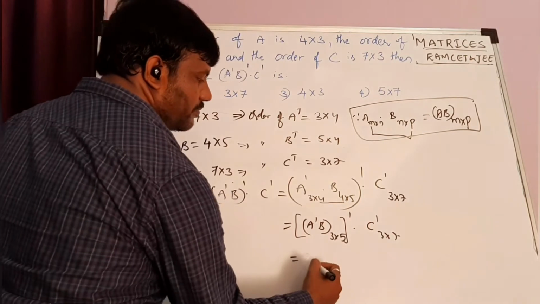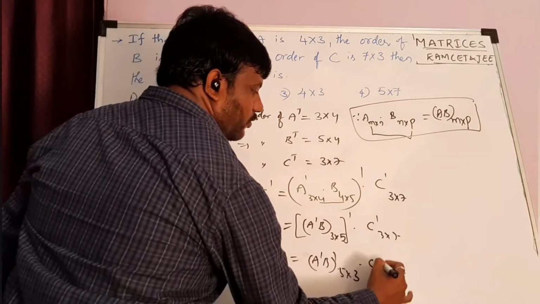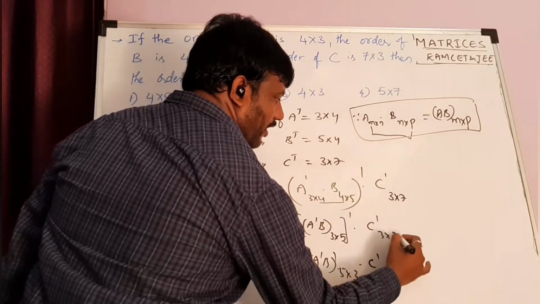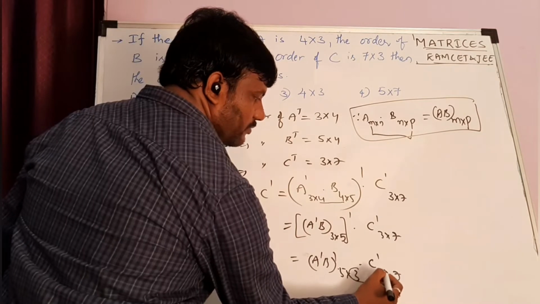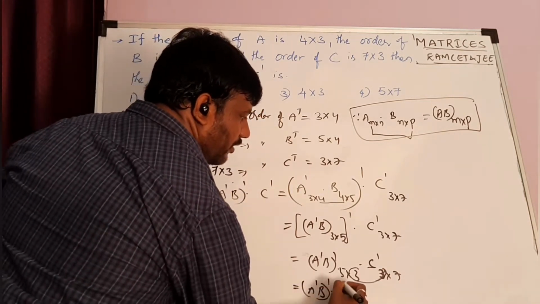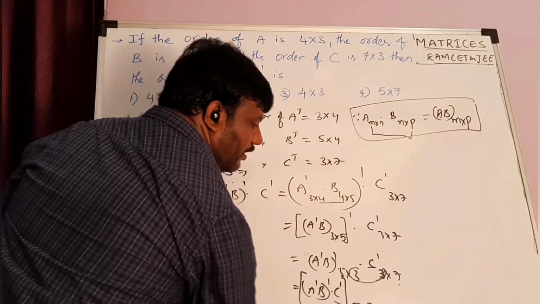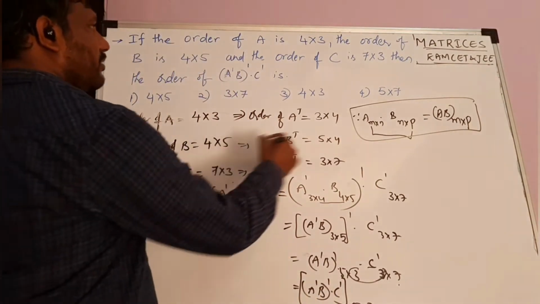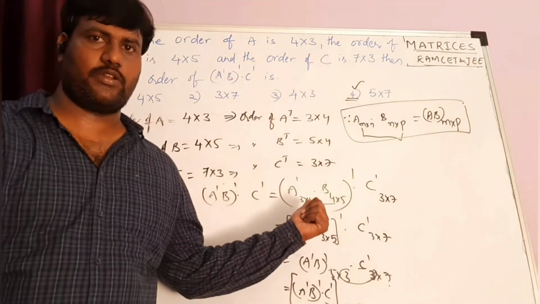The transpose of this becomes 5 by 3, into C dash, which is 3 by 7. Again, the number of columns of the first equals the number of rows of the second, so multiplication is possible. Therefore the result order will be 5 by 7. The answer here is 5 by 7. Is it clear, students? Please note it down.